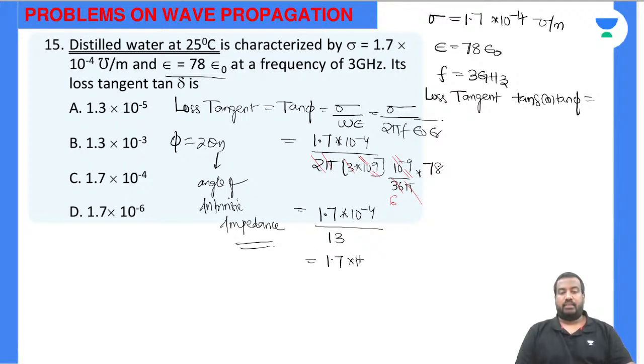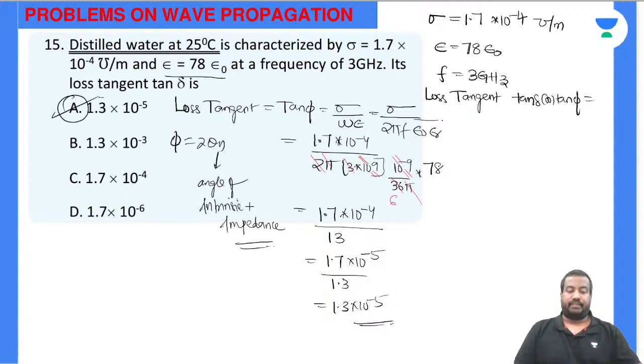So 1.7 by 1.3, into 10 power minus 5. That's the value. Option A is the answer. Yes, Reddy, correct. Bhupati, you need to try. Others, you also need to try, okay? Fine. Next question.